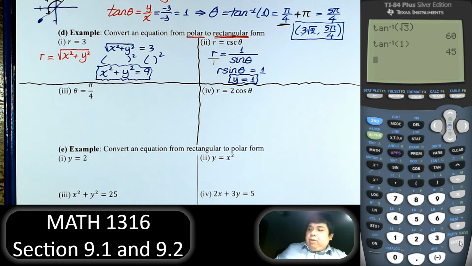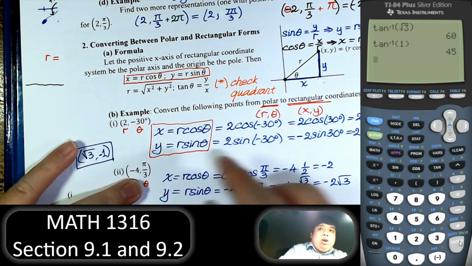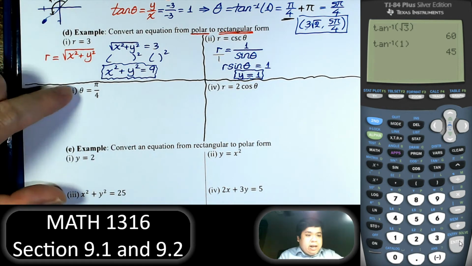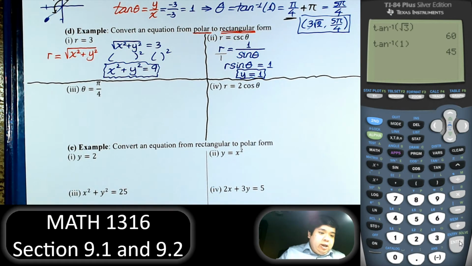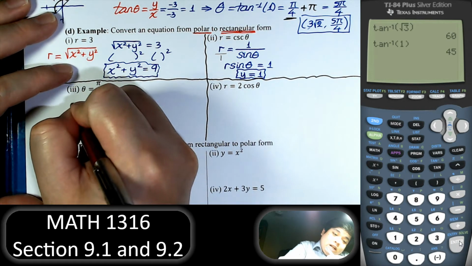So we use pretty much 4 formulas and try to write this in terms of x and y, because we want that to be in rectangular form. Right, next, theta equal to pi over 4. If we have theta, the only formula that has theta is tangent of theta is y over x. So we take tangent on both sides.